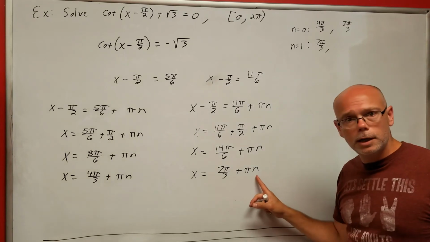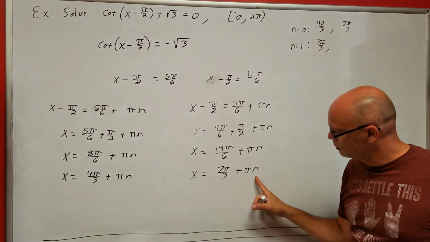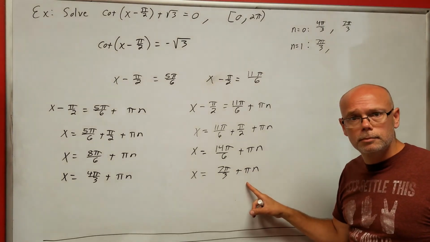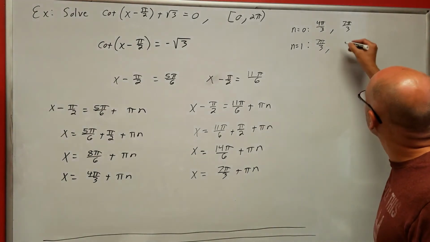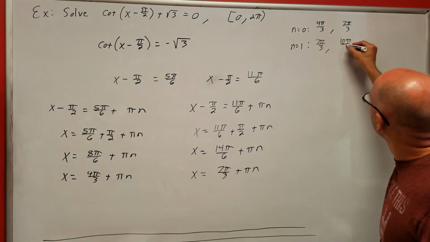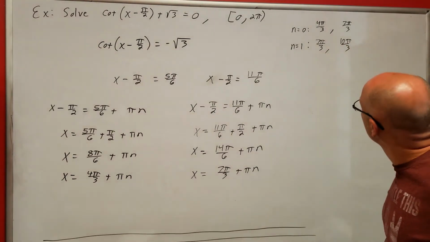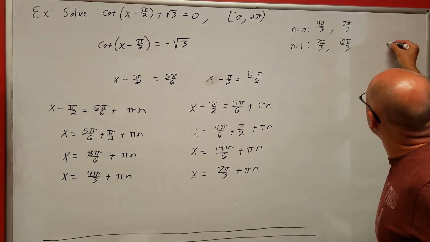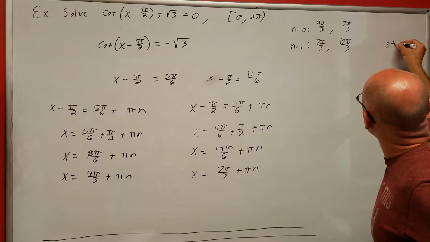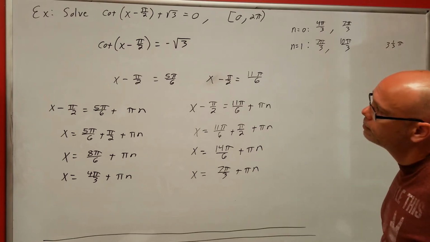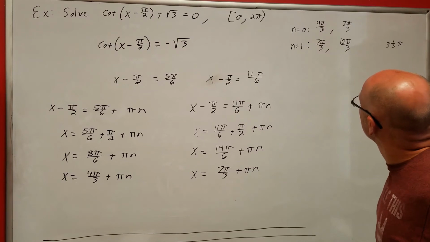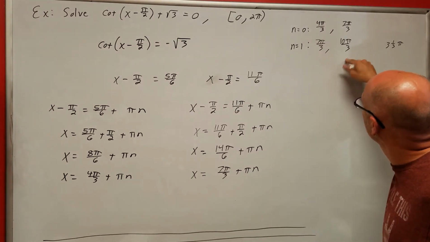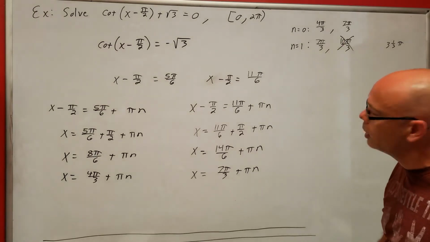How about when n is 1 here? 7 pi over 3 plus 3 pi over 3 gives 10 pi over 3. What's 10 pi over 3? Same thing as 3 and 1/3 pi. 7 pi over 3 okay, 10 pi over 3 no, I can't have that one. That one's too large, right?